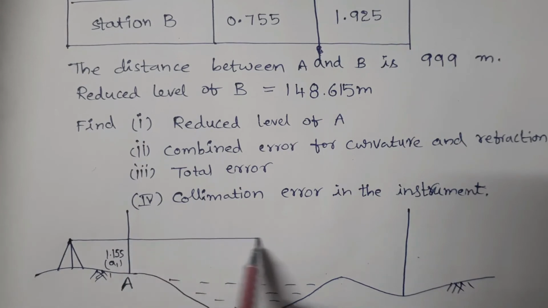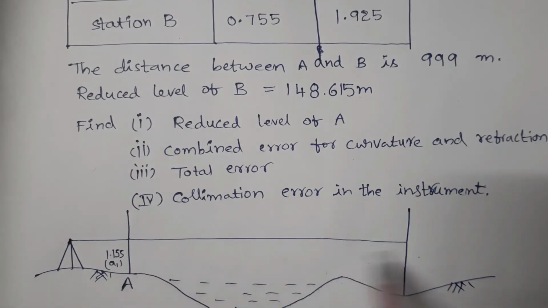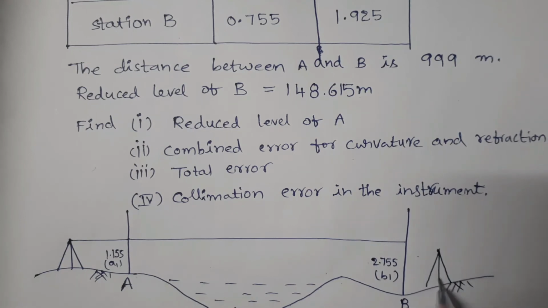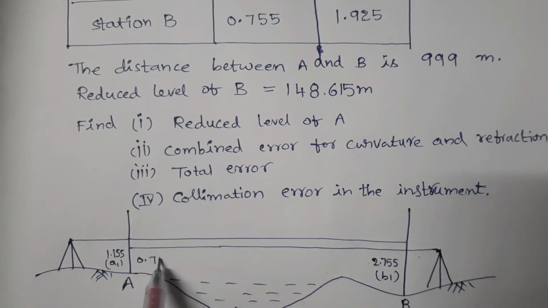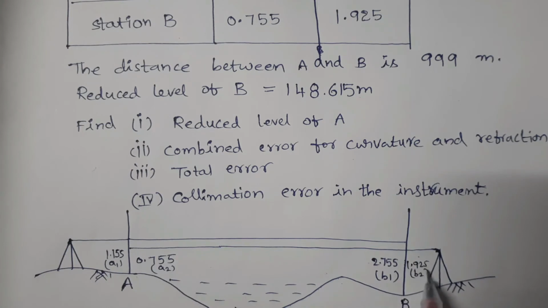Staff reading on B when the instrument is near A is 2.755 meters. This is B1. When the instrument is shifted to here, staff reading on A is 0.755 meters. This is A2. Staff reading on B is 1.925. This is B2.